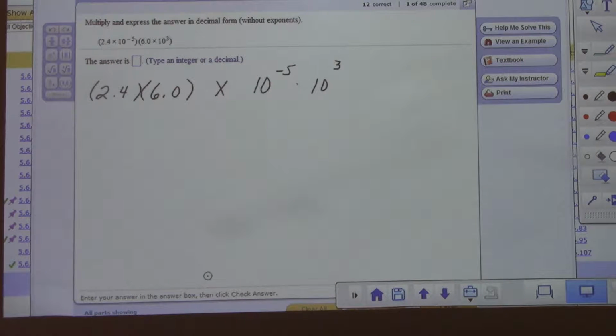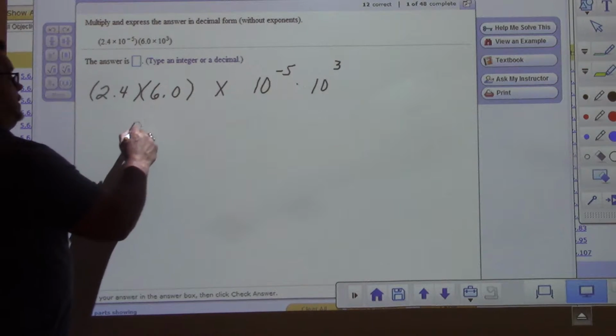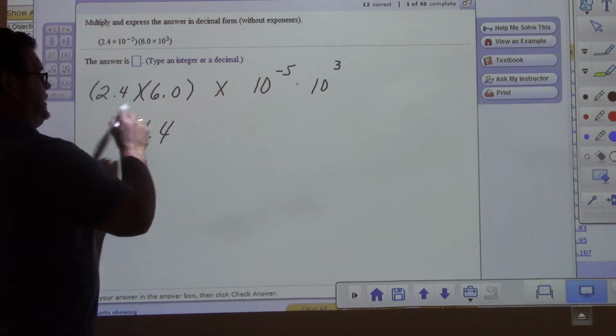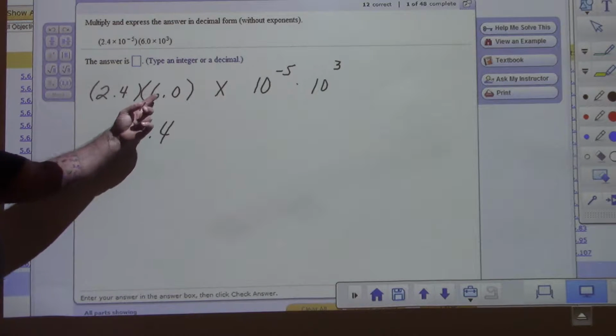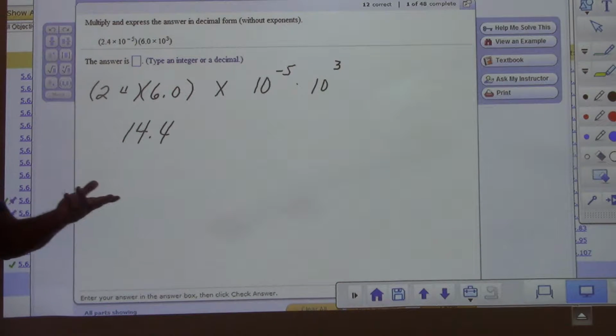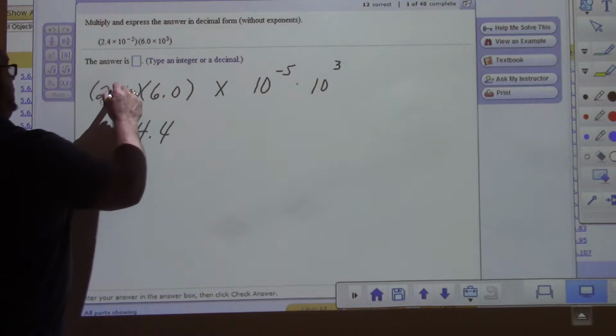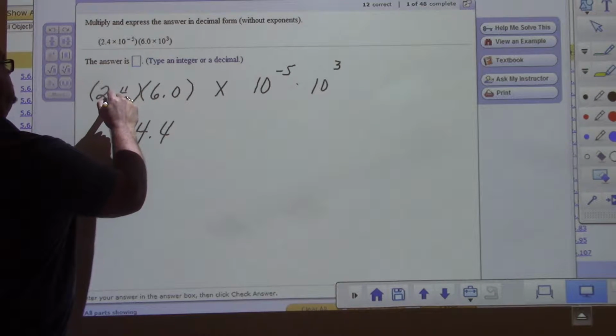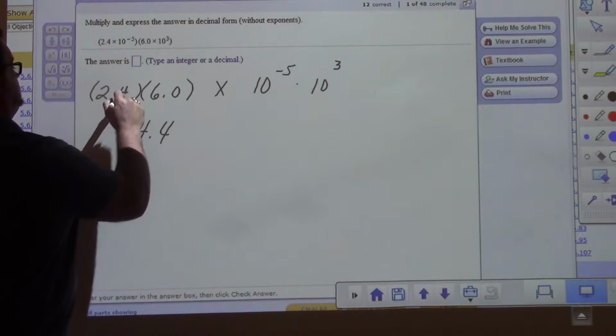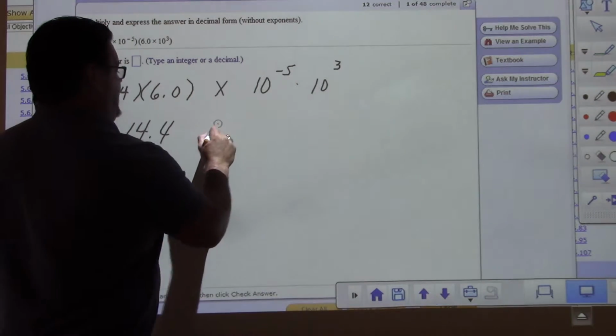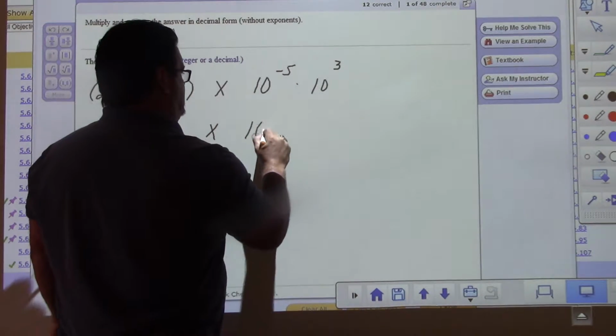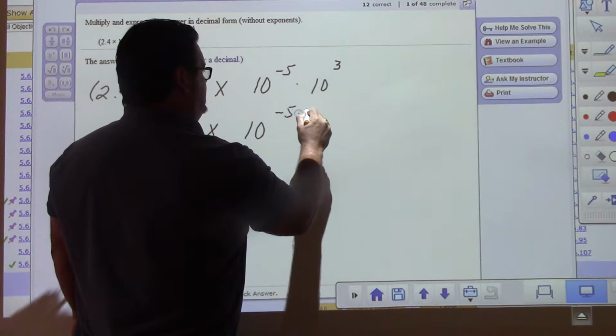So that'd be 14.4. And no, you do not need a calculator for that, because you know that 6 times 4 is 24, so with a decimal, it'd be 2.4. And times 10 to the negative 5 plus 3.